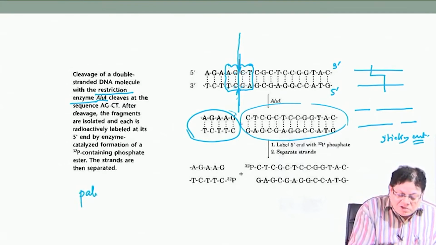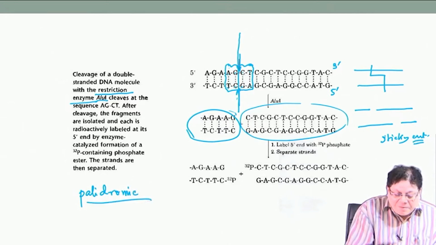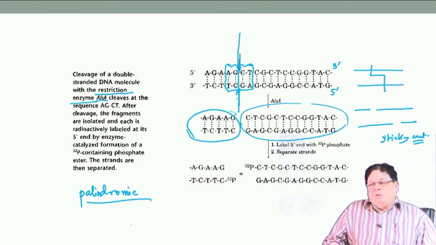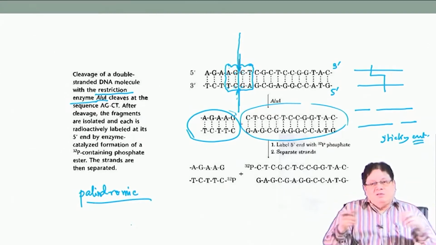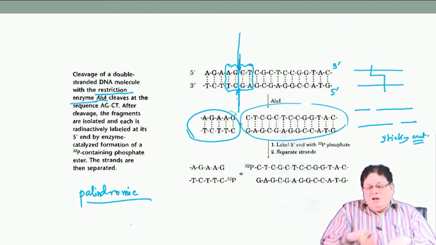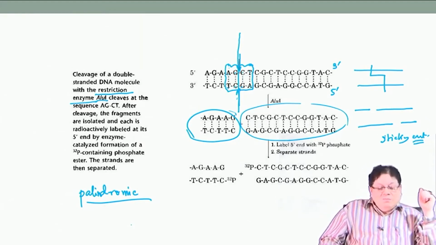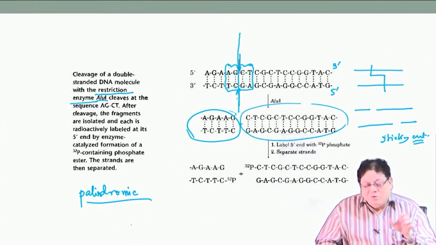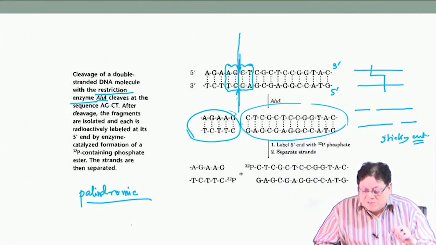So, all these restriction enzymes recognize palindromic sequences, and different palindromic sequences are available. So, different restriction enzymes are available. Here you are using this AluI, which recognizes AGCT, which is a palindromic sequence of 4 bases.